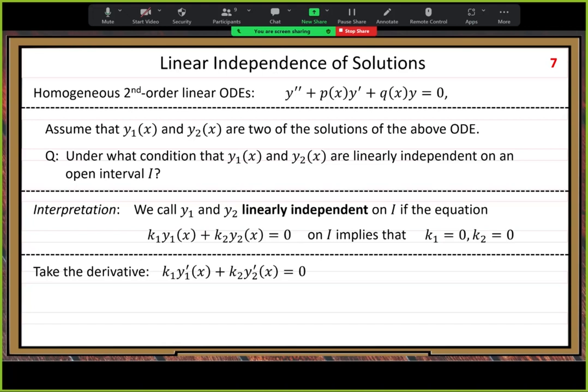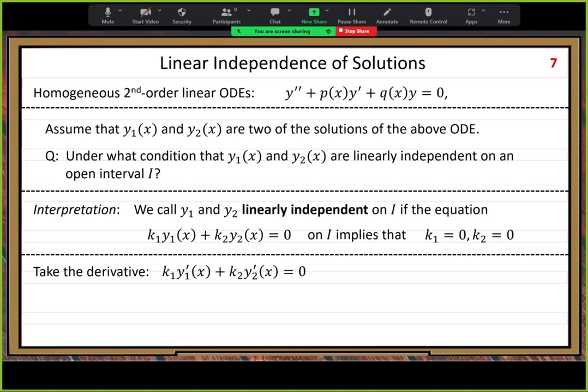After we apply the derivative, we get a second equation. Here you can see that when we apply the derivative, we get a completely new equation, so we can take advantage of it. Now we have two equations, and this is important. Why? Because there are two unknowns, K1, K2.